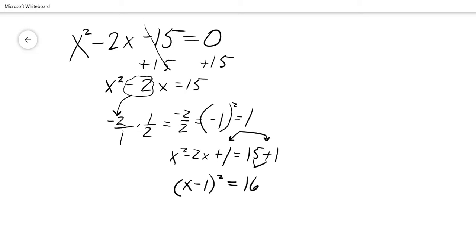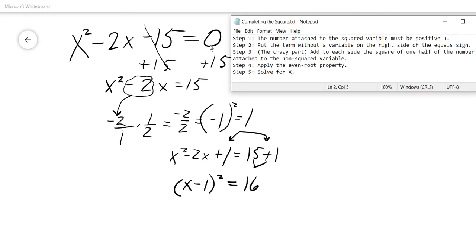Okay. Now we apply the even root property. In other words, take the square root of both sides. Now this step 3, the whole reason for that is so that the left-hand side of the equal sign will factor into a perfect square trinomial.